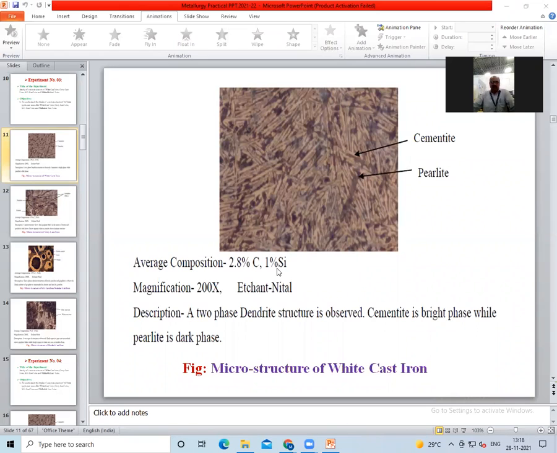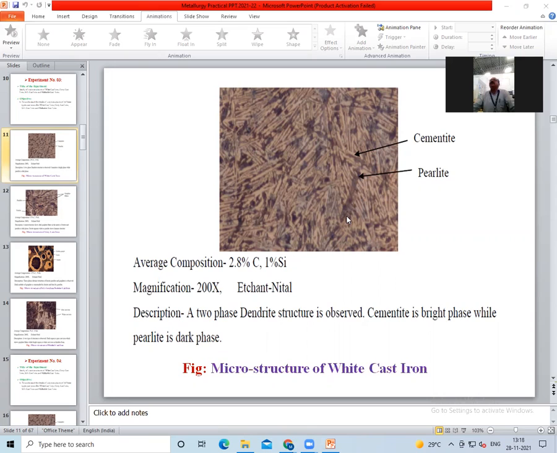Here silicon 1% is there. If you observe these microstructures under the microscope, you will see the perlite here, and here is the cementite. So here two phases of dendrite structure are observed, in solid form. Cementite is the bright phase, while perlite is the dark phase.